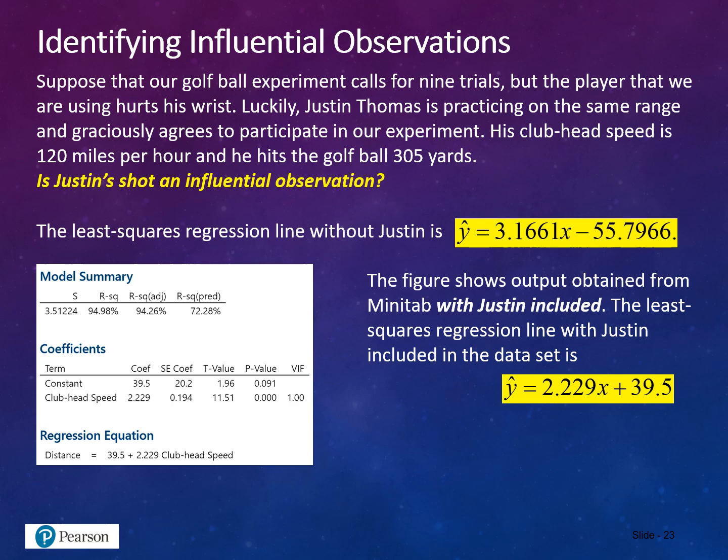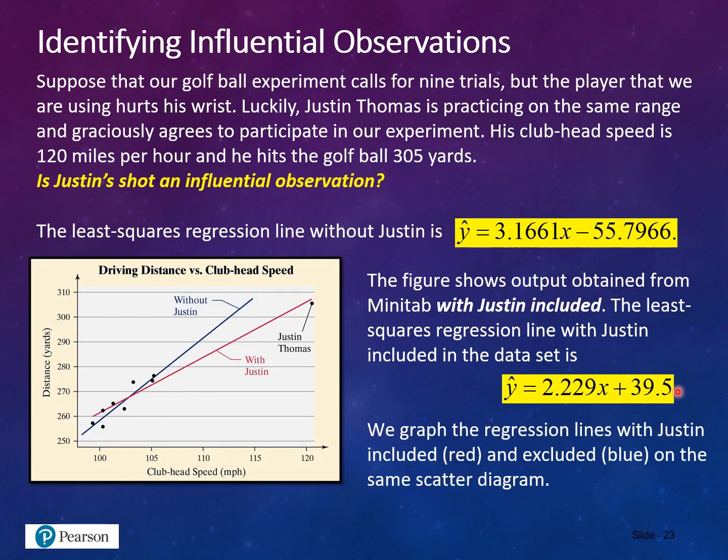So you can see a big difference between these two linear least squares regression lines. If we graph the two regression lines with Justin's data included in red, the bottom line, and without Justin in blue, we can see much more information about what the impact is with Justin's data.